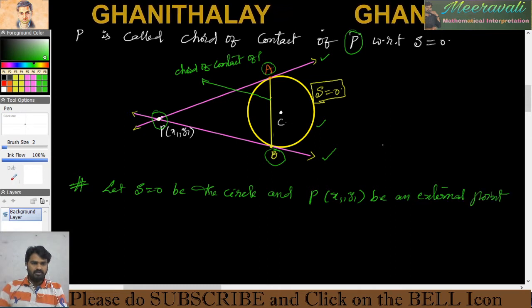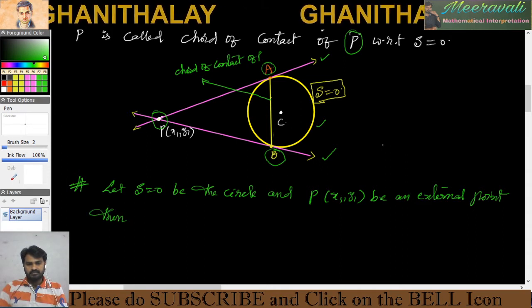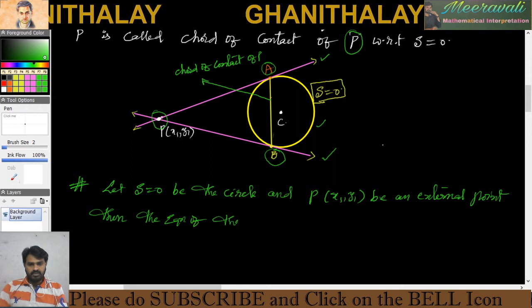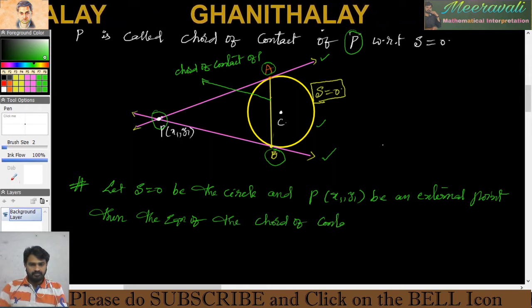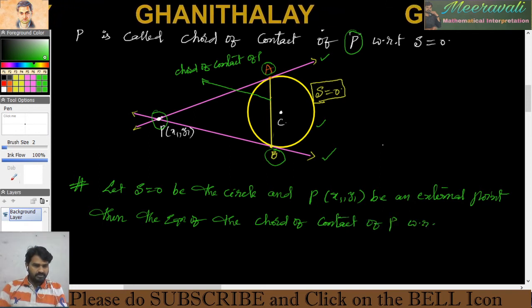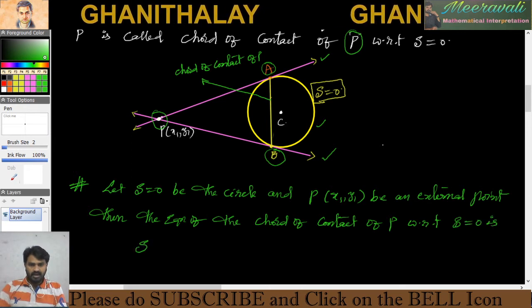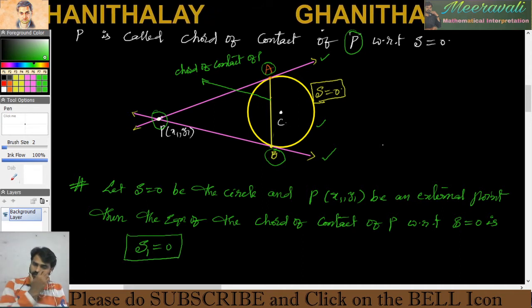Then the equation of the chord of contact of P with respect to the circle S = 0 is given by the formula S1 = 0. This is the chord of contact formula.